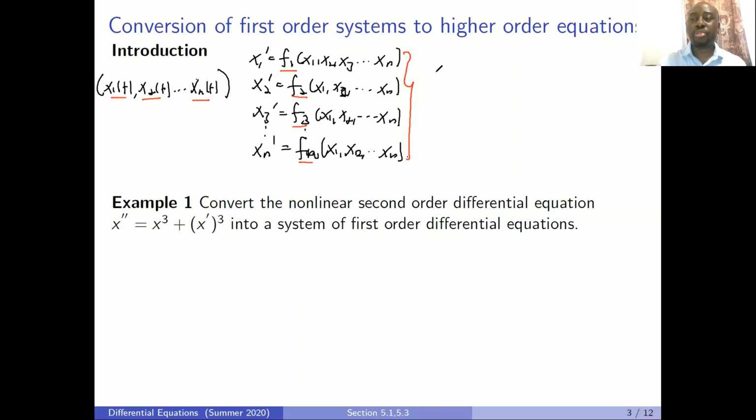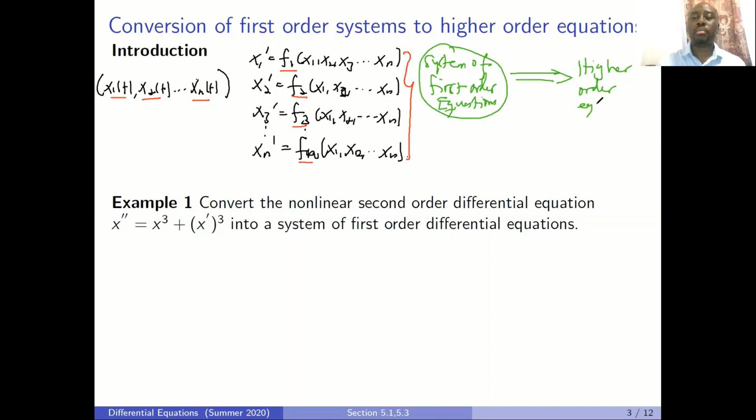There is a conversion principle that allows us to go from a system of first order equations and convert these into higher order equations. So second order, third order, and so on and so forth.